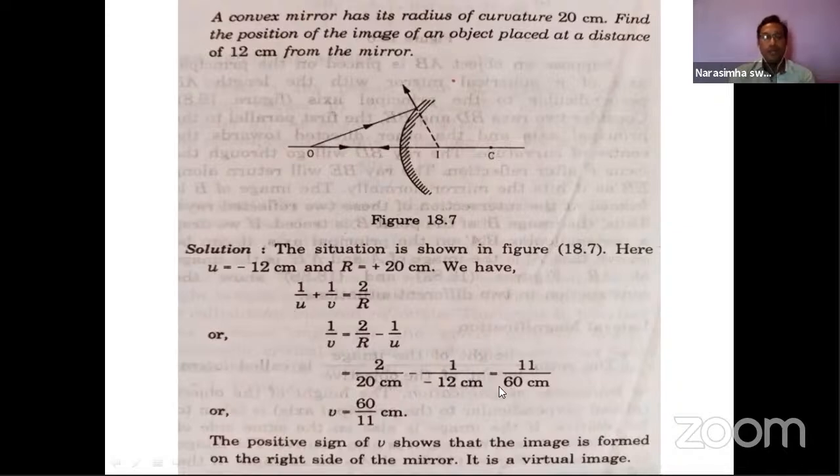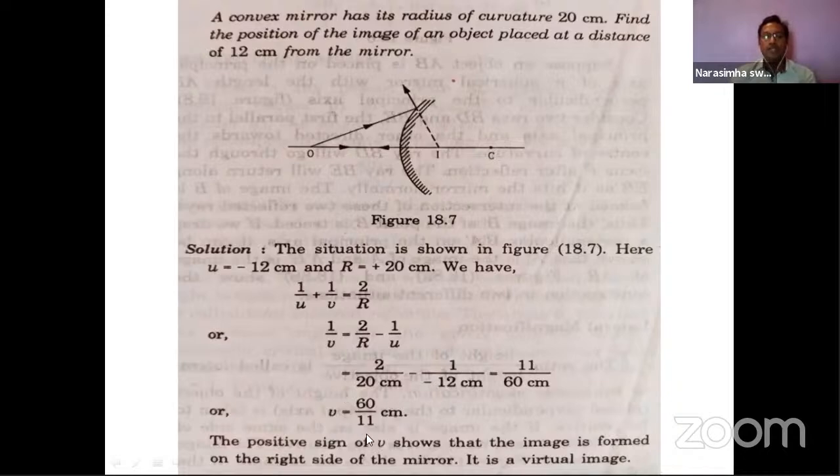To simplify this, you are getting 11 by 60. But 11 by 60 is the 1 by v value, and it's asking the v value, so it will be 60 by 11 centimeters. And the positive sign of v shows that the image is formed on the right side of the mirror.